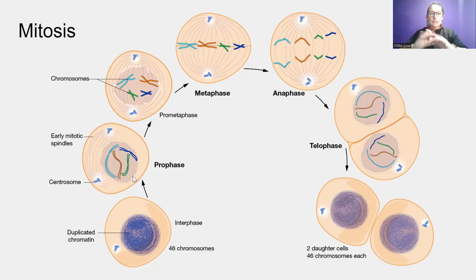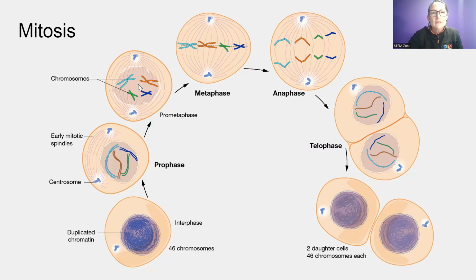Mitosis is the division of the nucleus, right? It's division of DNA evenly into two new cells. If you can't access the DNA and it can't be separated, this is not going to happen. So you have to logically remove the nucleus. That breaks down so that DNA is freely able to move through the cell. So prophase.